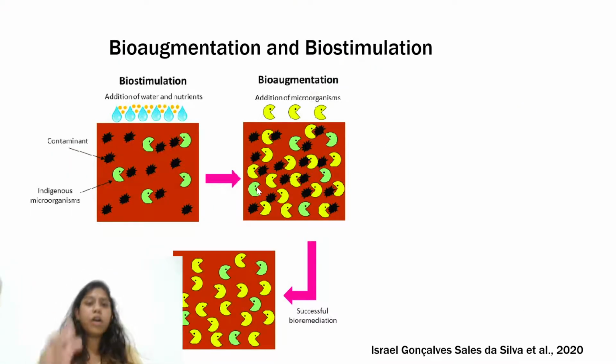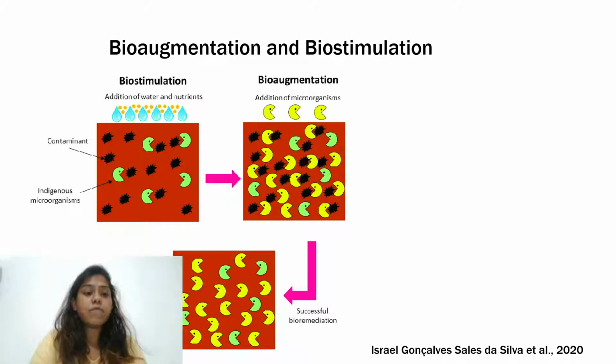So biostimulation is where we just have the contaminants and the indigenous microorganisms. These microorganisms are already present in the site or environment where we are looking at cleaning them.